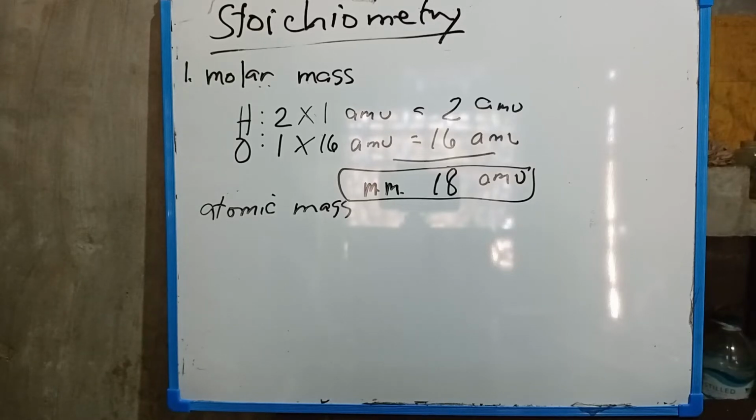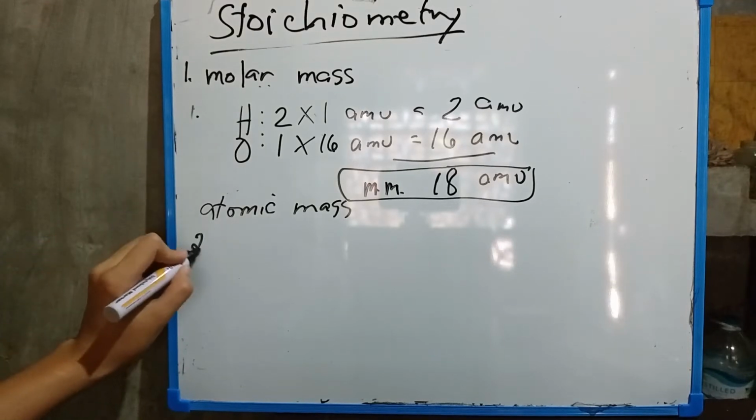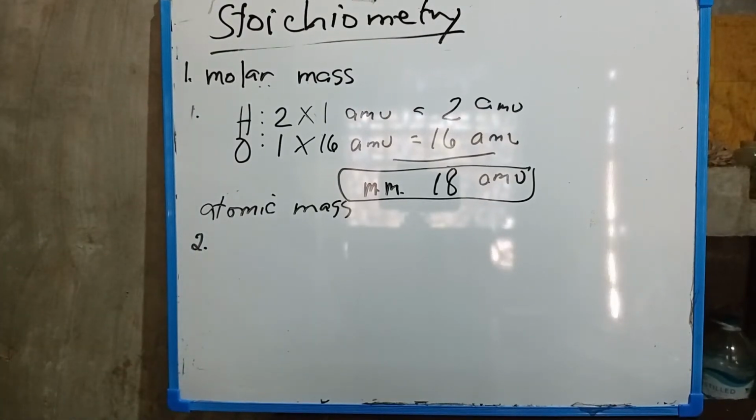Another example: ibuprofen is a covalent compound and the active ingredient in several popular non-prescription pain medications. What is the molar mass of this compound? According to our question, we are going to get the molar mass of ibuprofen.